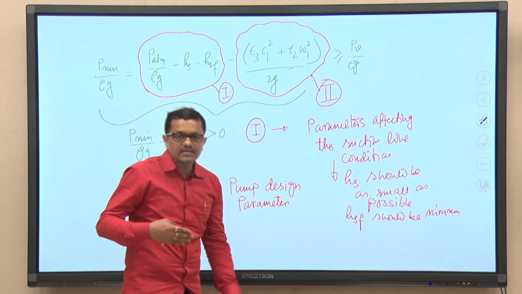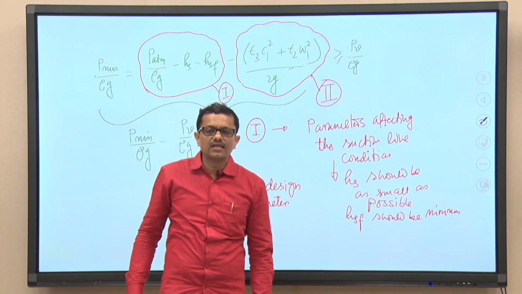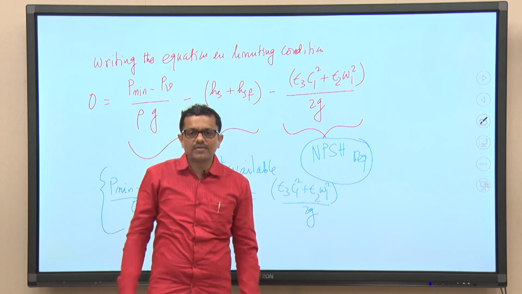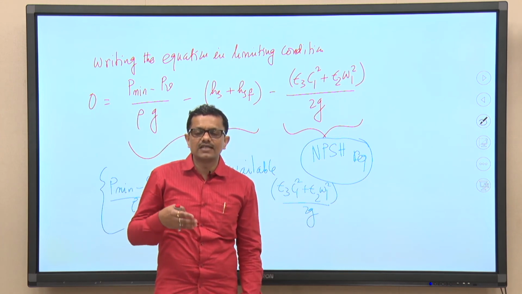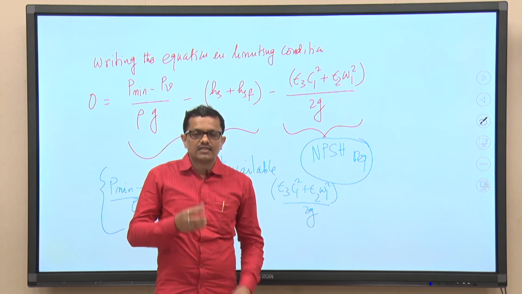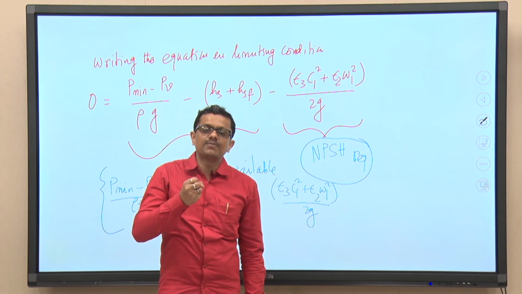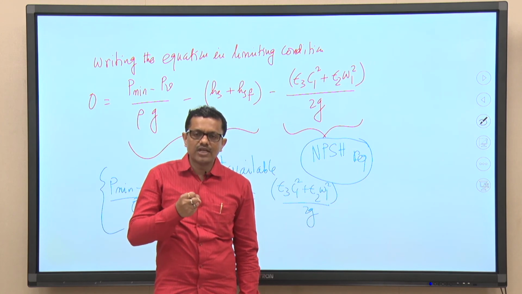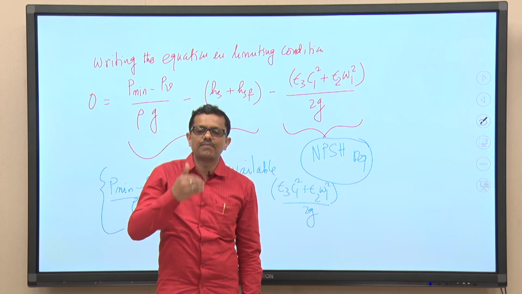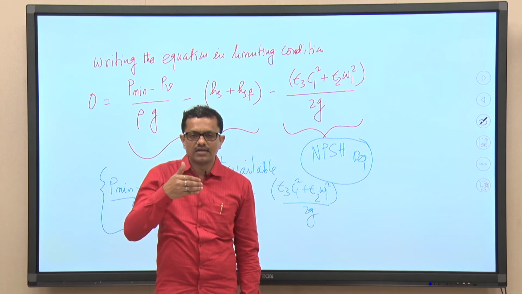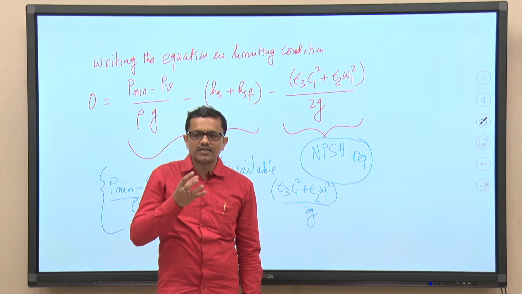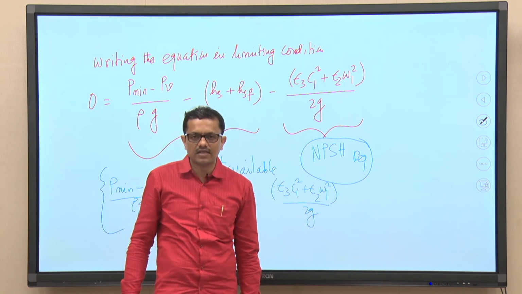So, we have at least identified the system and the system parameters. Also, we have identified that there is a term known as NPSH required. Basically, the required data will be provided by the pump designer. Whenever anyone is going to purchase a pump for application in different industries, the NPSH required information will be provided by the pump designer.